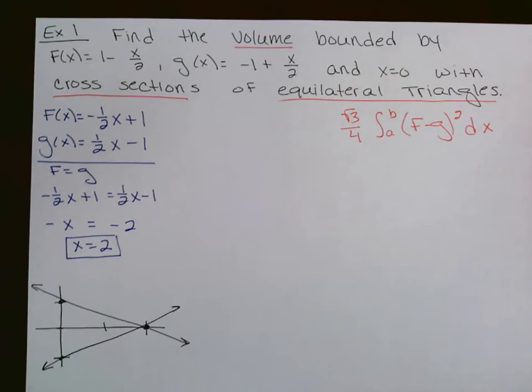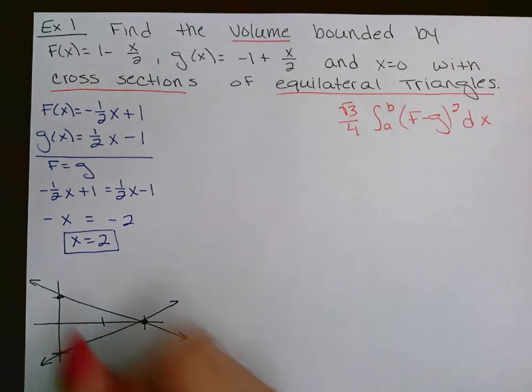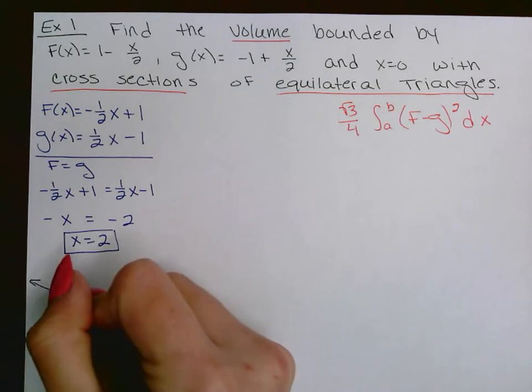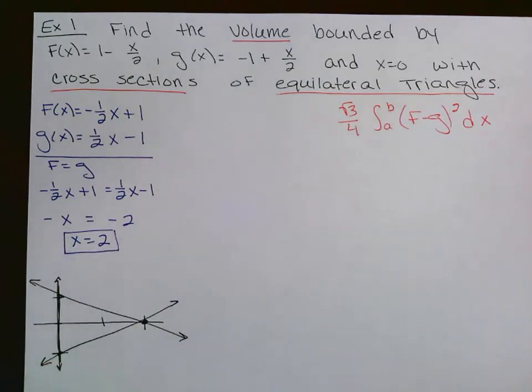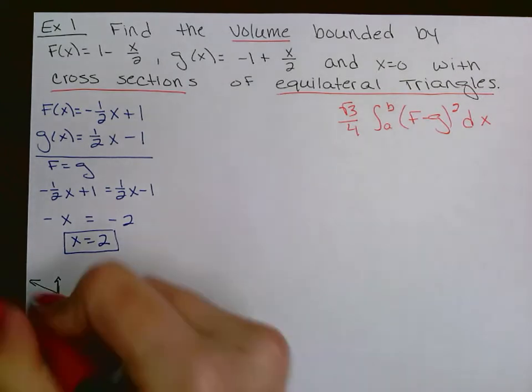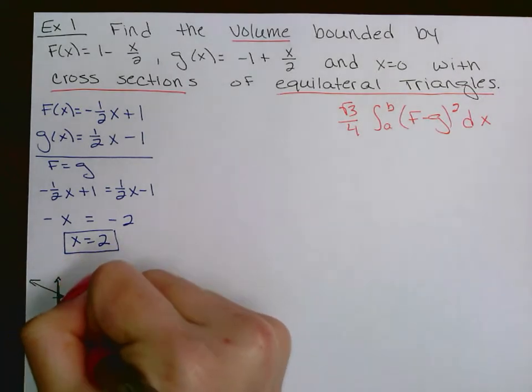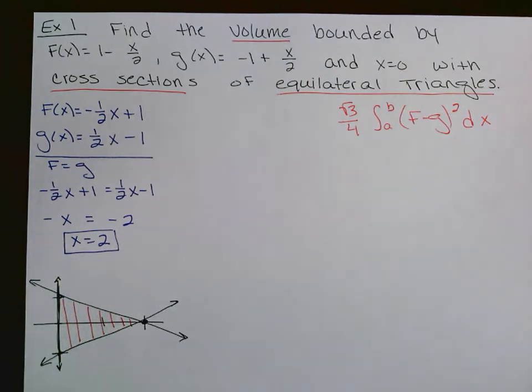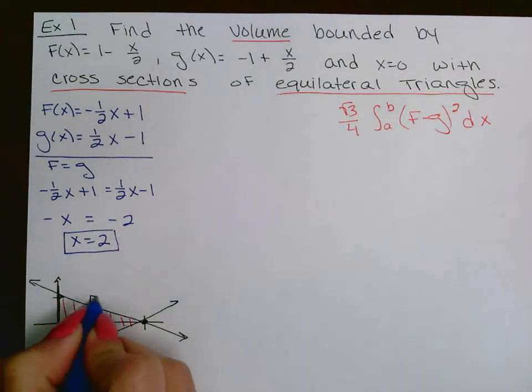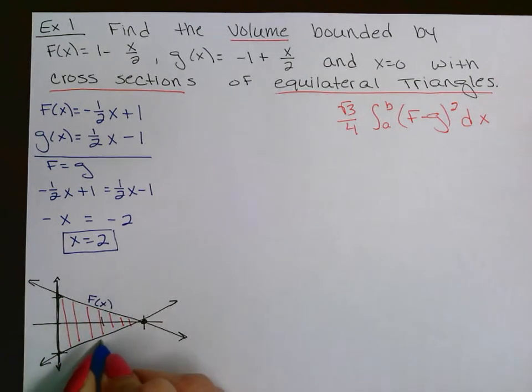And then they also wanted me to close it off with x equals 0. Okay? So this is my floor. Okay? This was f of x, and this one is g of x.